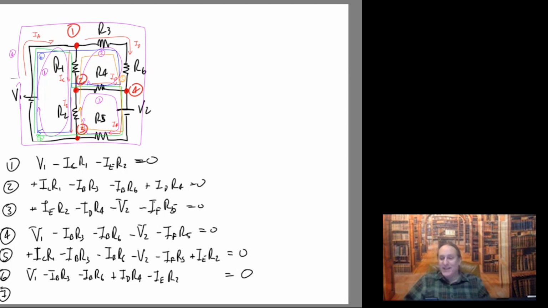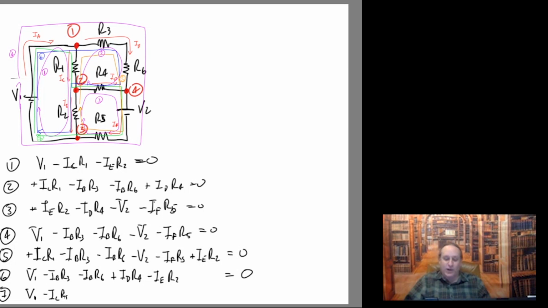Last but not least is number 7. Number 7 is green. It goes first across the battery V1, and then it goes down across R1. So we have a minus IC R1 because we're going with the current.